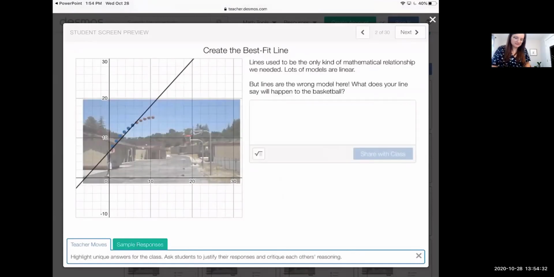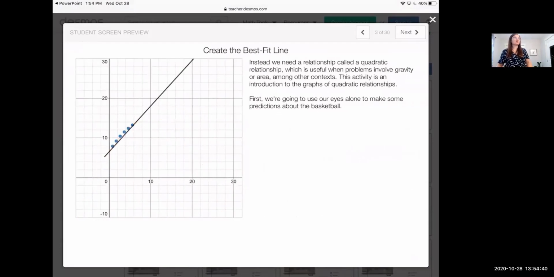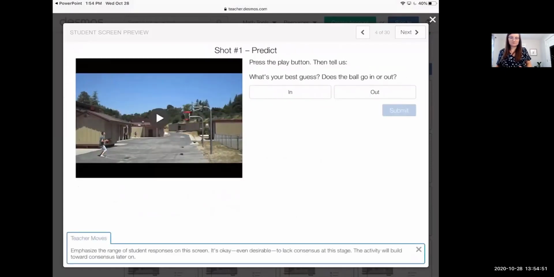Especially if we see this as a basketball shot, it's definitely not going to be a line. Something like a basketball shot is going to be much better modeled by a quadratic, and this one's a downwards facing quadratic. Then we can predict things like, will the ball go in or out?